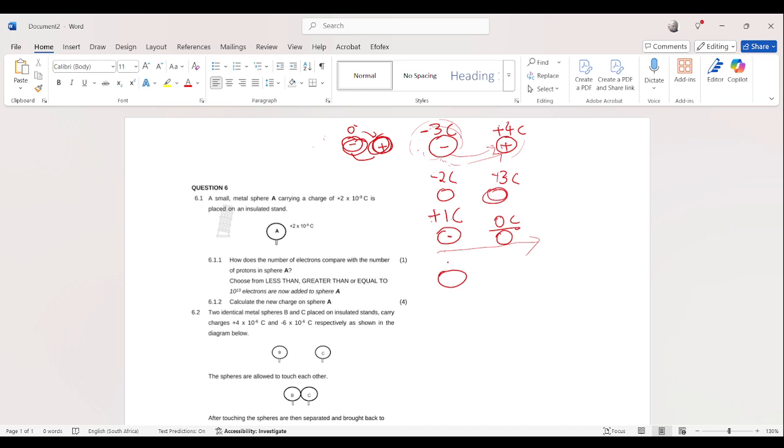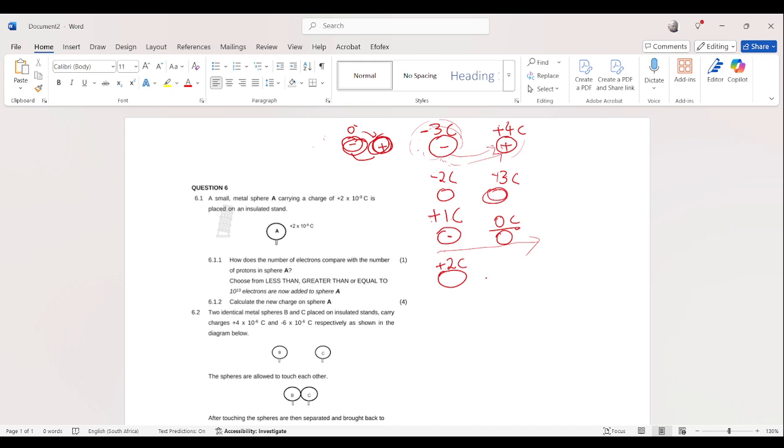It will still be 2 electrons, to be left with a positive charge. Positive 2, you agree? Positive 2. Yeah.